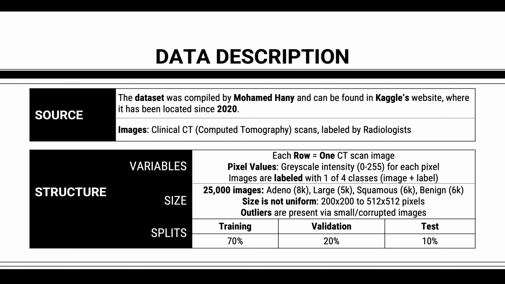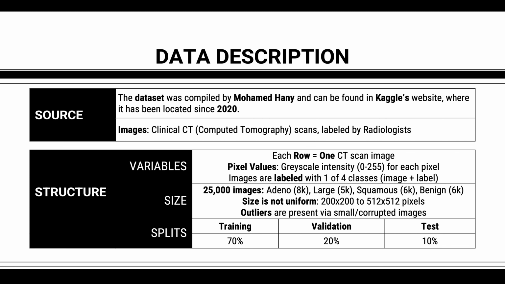normal tissue. The dataset contains about 25,000 images in total, with roughly 8,000 of those being the adenocarcinoma images, 5,000 the large cell carcinoma images, 6,000 of the squamous cell carcinoma images, and 6,000 of the benign tissue or normal tissue. The image sizes are not uniform.